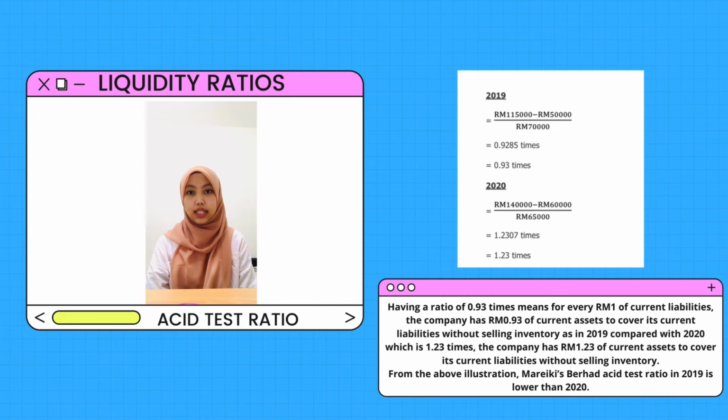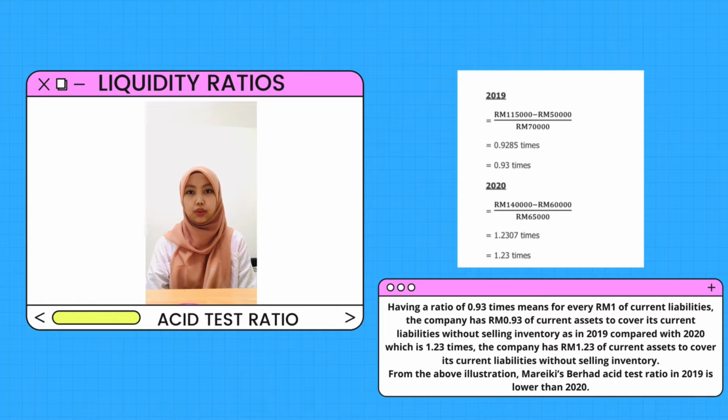Second is acid test ratio, which is known as quick ratio. Having a ratio of 0.93 times means for every RM1 of current liabilities, the company has 93% of current assets to cover its current liabilities without selling inventory in 2019, compared with 2020, which is 1.23 times.